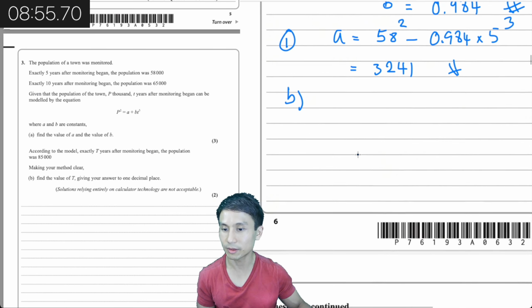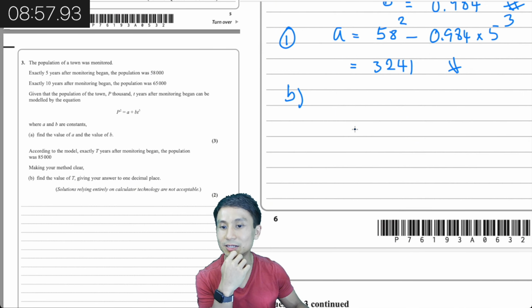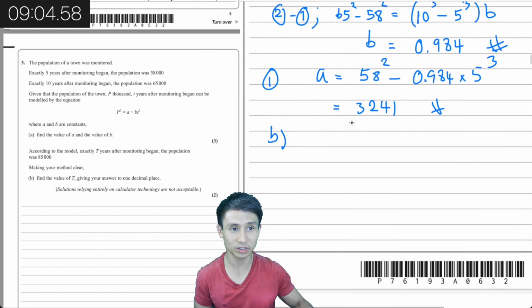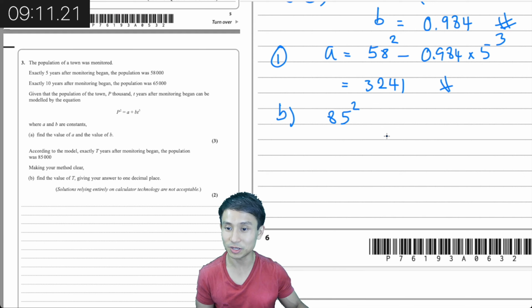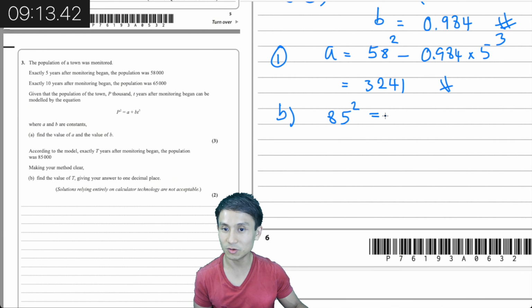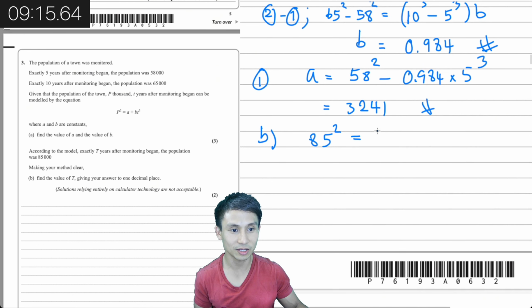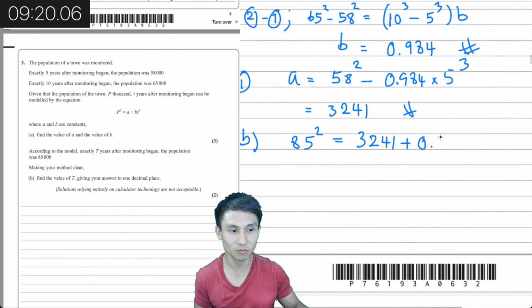For part b, according to the model, exactly T years after monitoring began, the population was that. Making your method clear, we just use the equation we just found for A and B. So we put 85 squared here because, again, P is in thousands, equals A, which is 3241, plus B, which is 0.984, times T cubed.